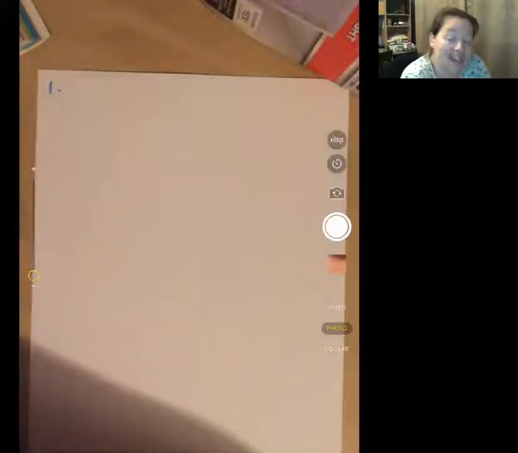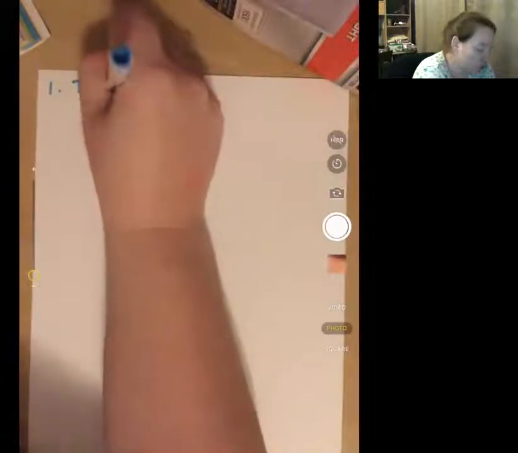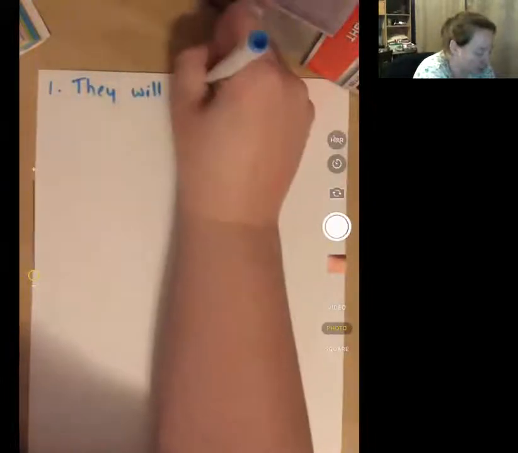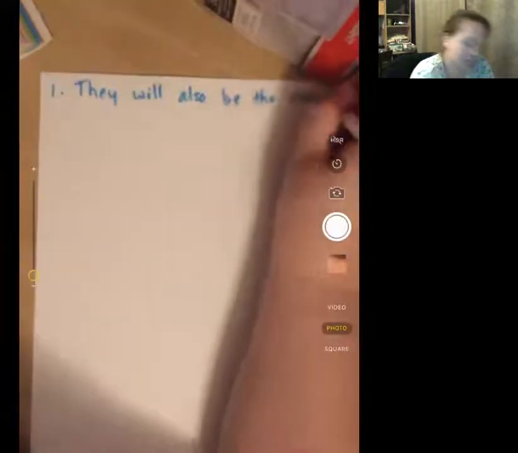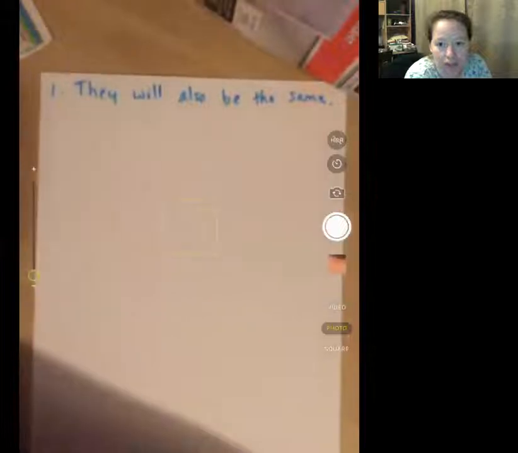So if I take the same 2 numbers and subtract them from 180, am I always going to come up with the same answer? That's what they're asking us here. What do you know about the third pair of angles? They will also be the same. There's no way, literally no way they could be anything other than exactly the same.